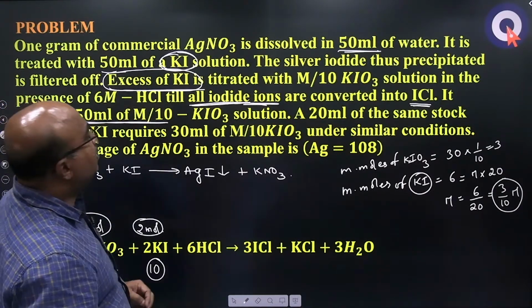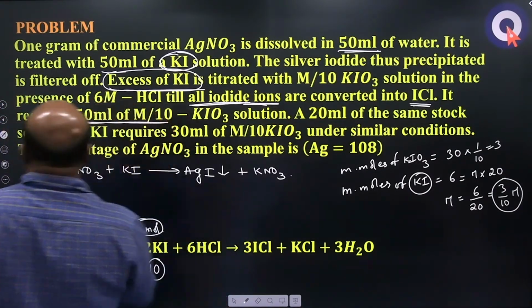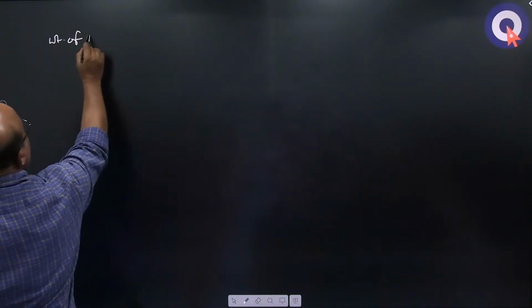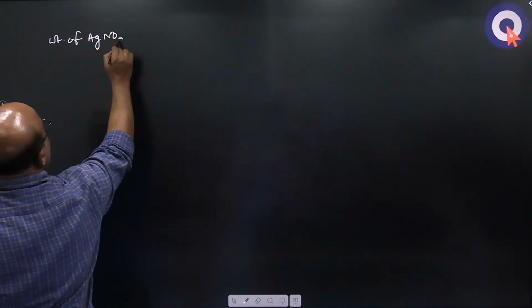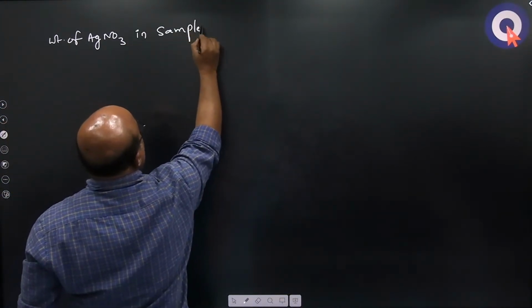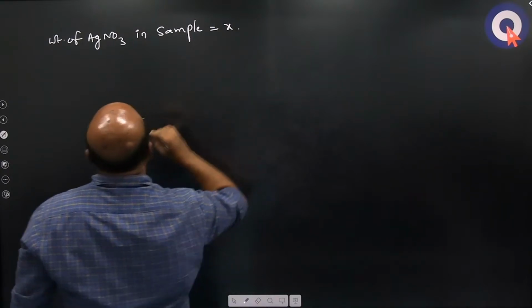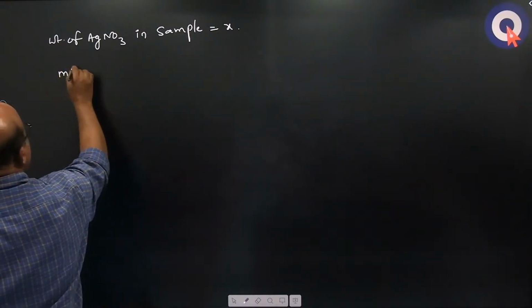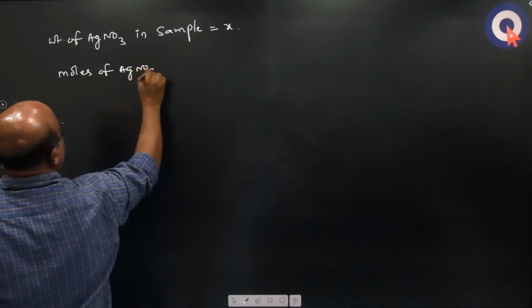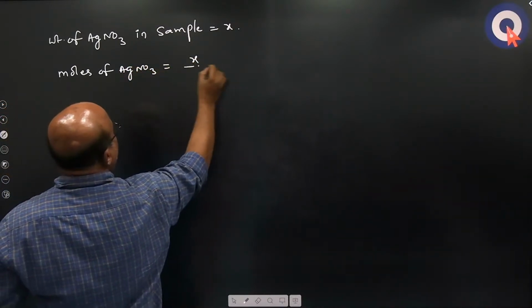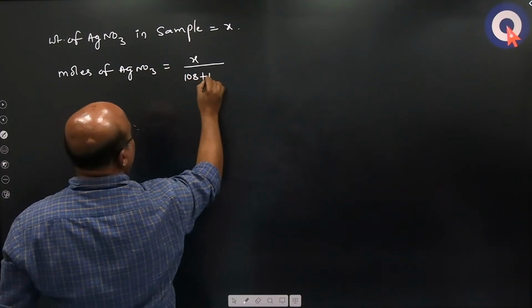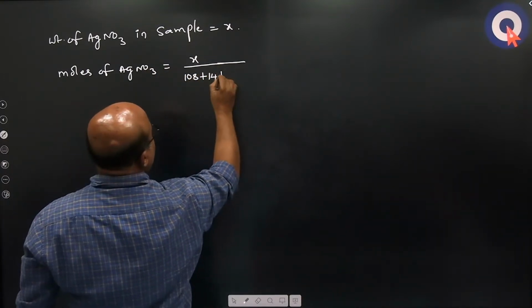So let us see, there is a weight of silver nitrate in the sample, say x grams, so that moles of silver nitrate will become x by the molecular weight of silver nitrate, 108 plus 14 plus 48.